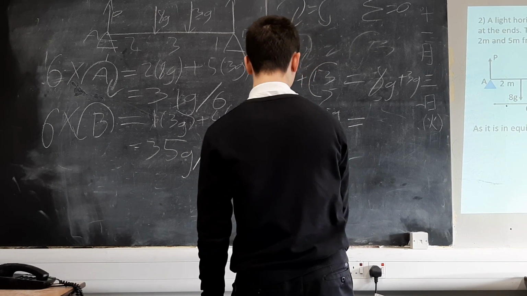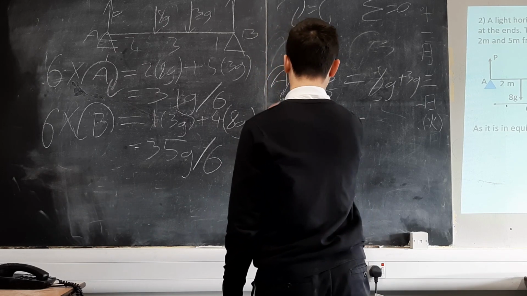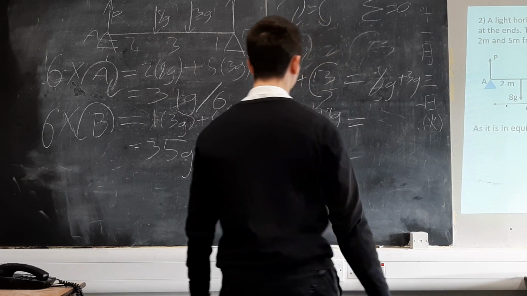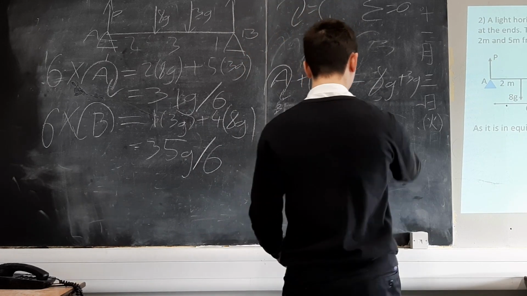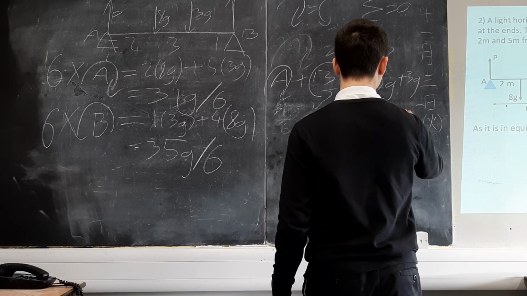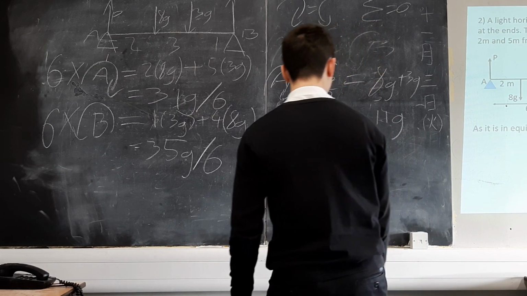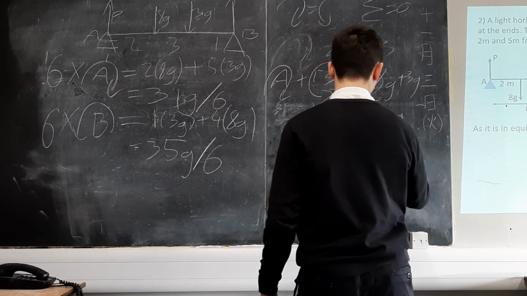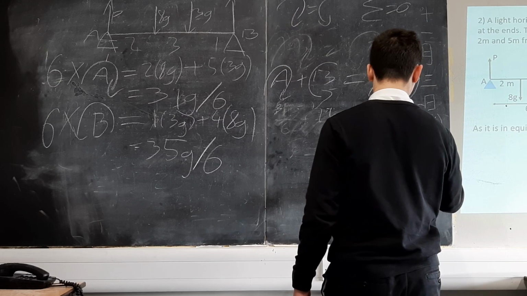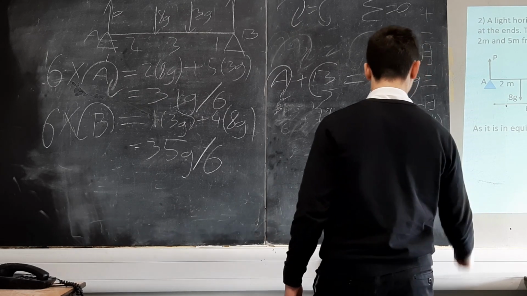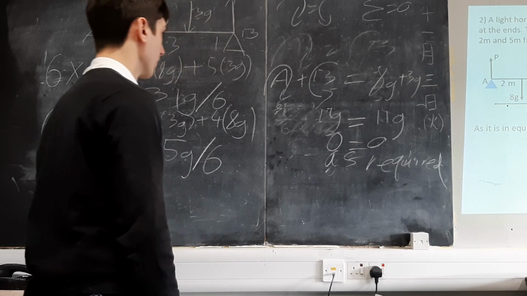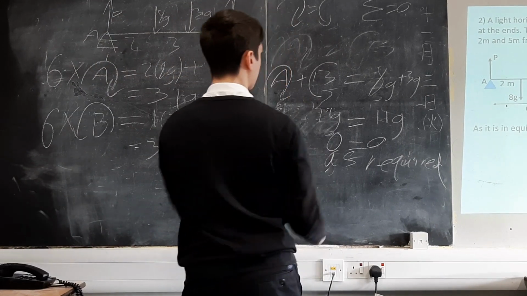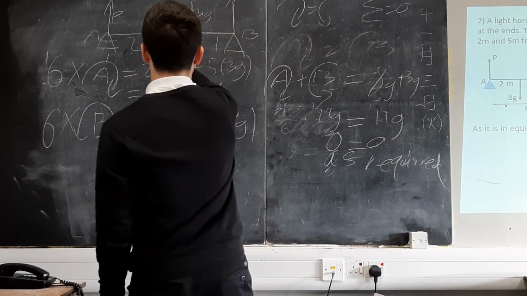That makes 66 over 6, 11G. And then 11G. And now 0 equals 0 as required. So we add the rotations and compare them to the forces down upon it.